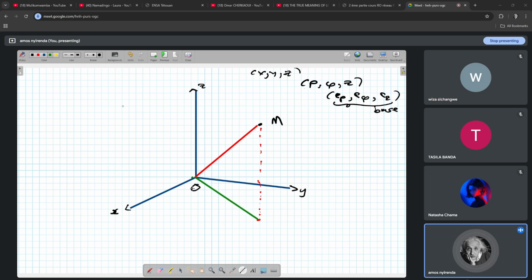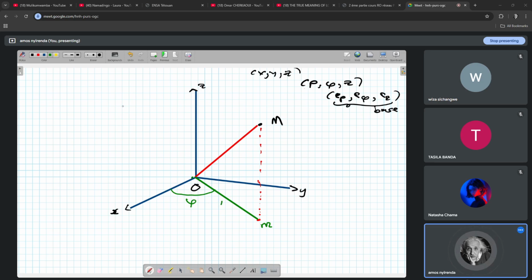So this point here, I'm just going to call small m. So small m is the projection of this point M in the x-y plane. So I've projected. And then this angle here, I'm going to call it phi, like so. And then let's now represent rho.